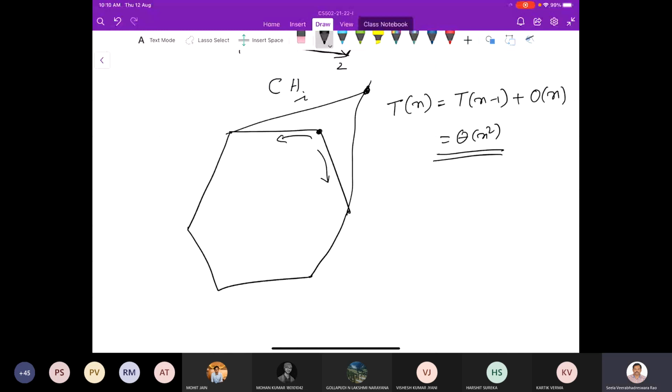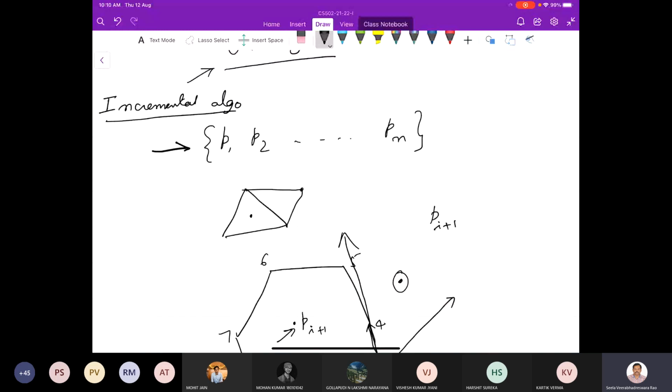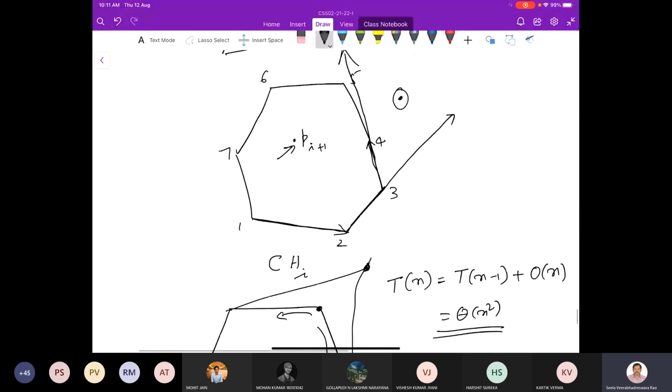Now, see here in this algorithm, we are taking the points as they are given to us. Suppose you sort these points based on their x coordinates as a first step, and then apply this incremental algorithm, what will happen? So we are sorting these points by the x coordinates.